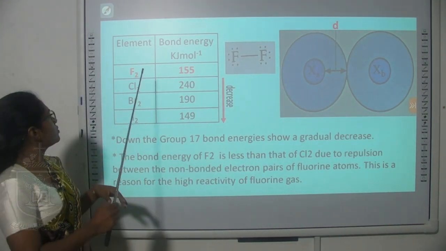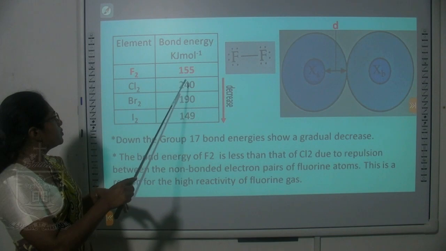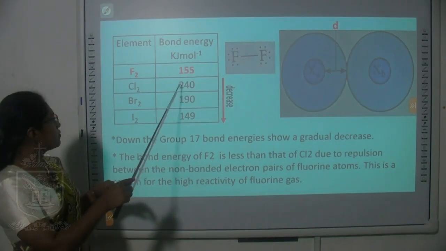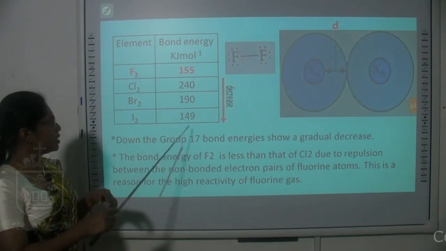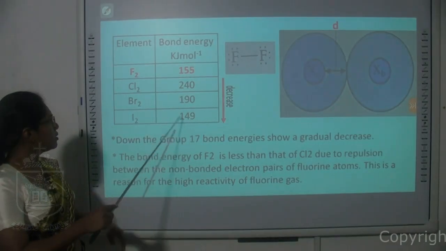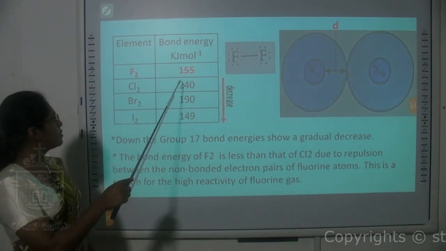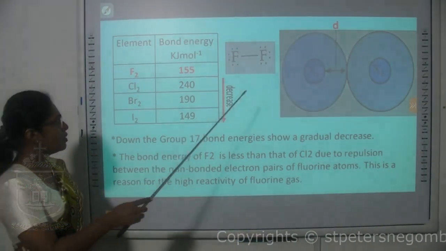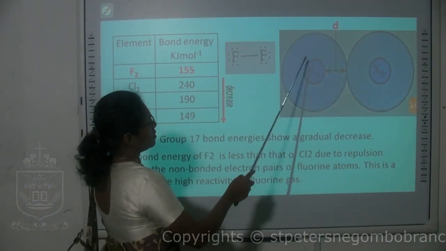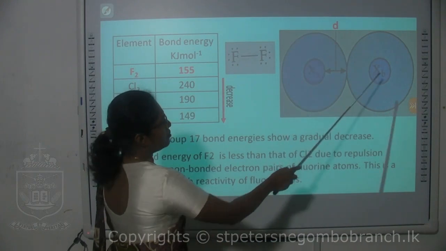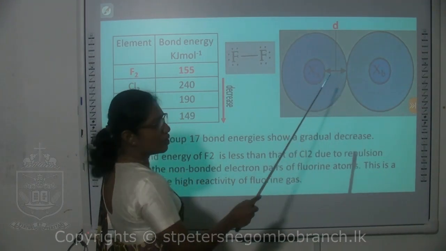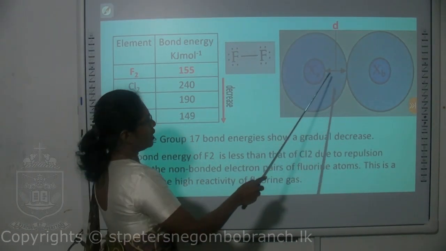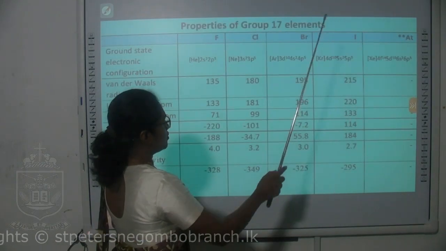So we can compare the values of these three elements, and we can see that the bond energy has decreased, because if we take this one atom and this another atom of the same element, this is the bond length.